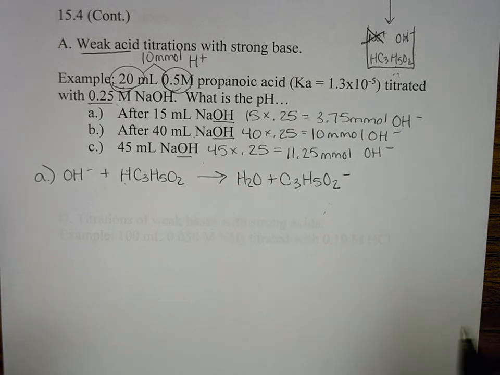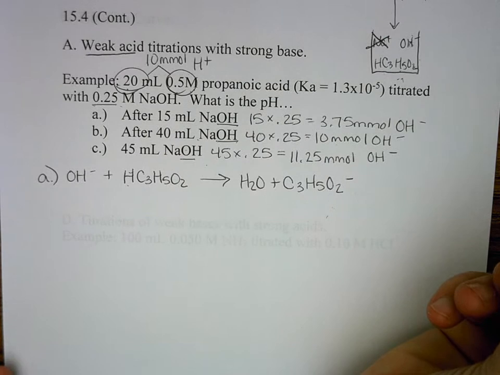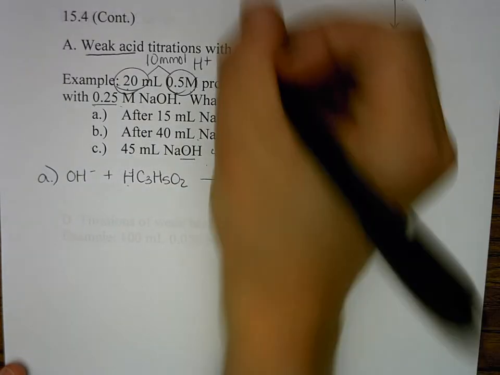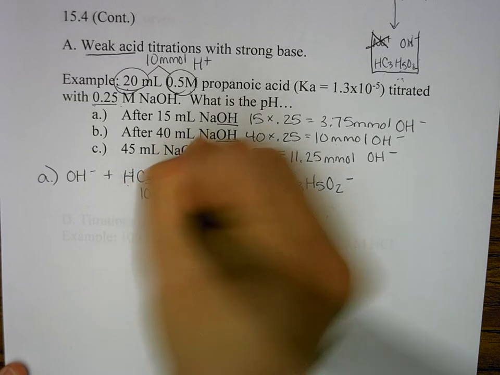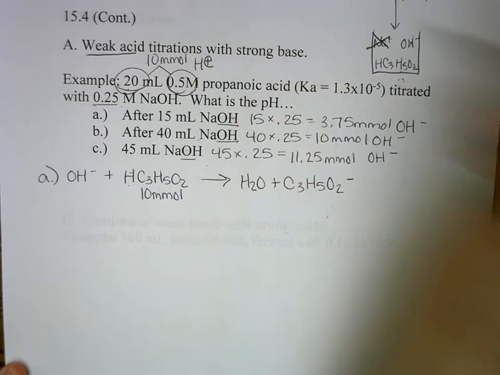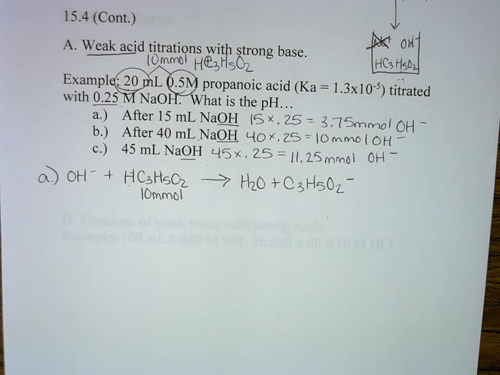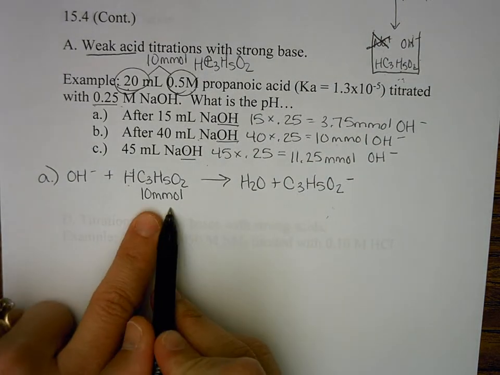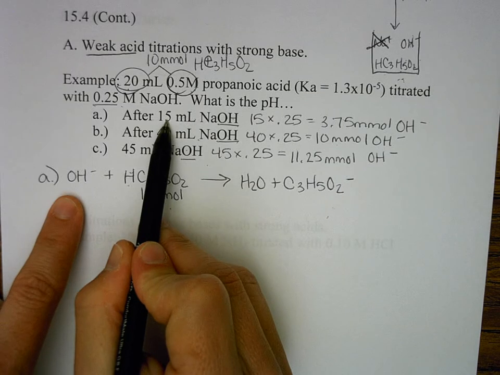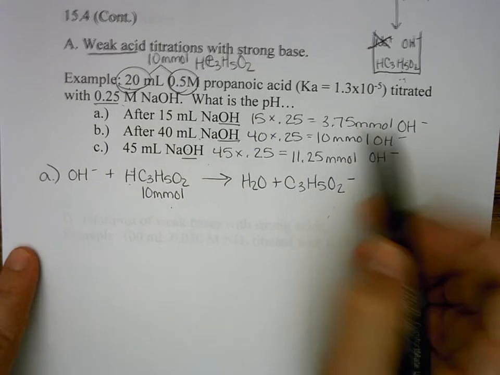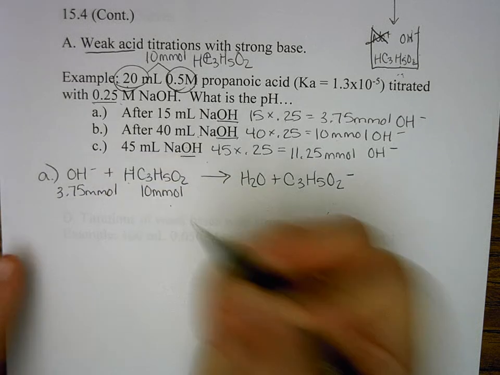So in all parts, I start with 10 millimoles of the propanoic acid, HC3H5O2. 10 millimoles of propanoic acid is what I'm starting with in the beaker. When I add 15 milliliters of sodium hydroxide, 15 times 0.25, I have 3.75 millimoles of hydroxide.